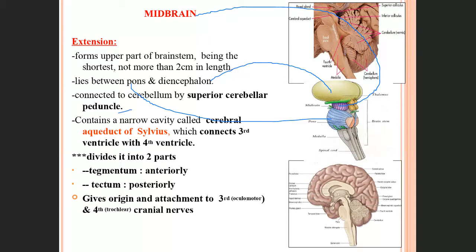What are these peduncles? It is the connection between these. Because each something is connecting, no? If there is a valley, then in between the valleys there should be some connection, and only then can you cross from this mountain to that mountain.